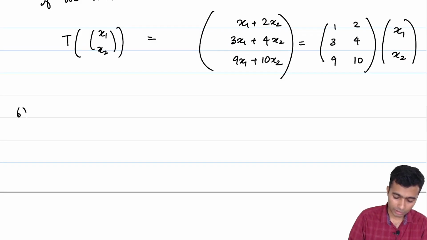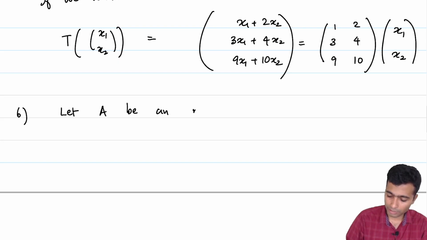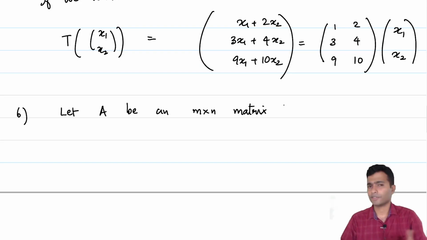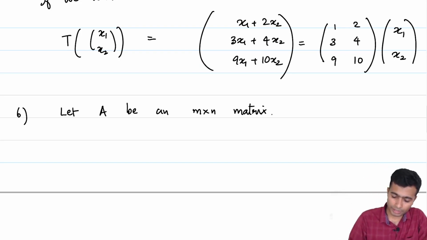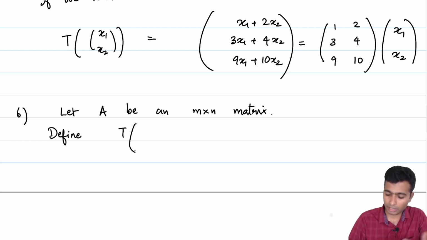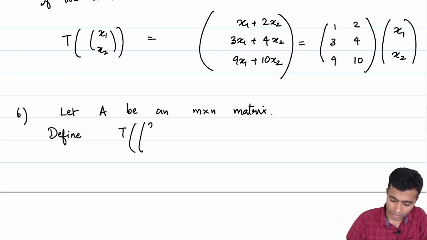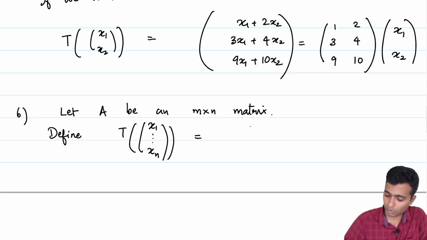The next example being, let A be an m cross n matrix with coefficients in R, of course. Then define T of an n-vector, right now we will be treating all these as columns, x1 up to xn, to be equal to A times the vector x1 to xn.